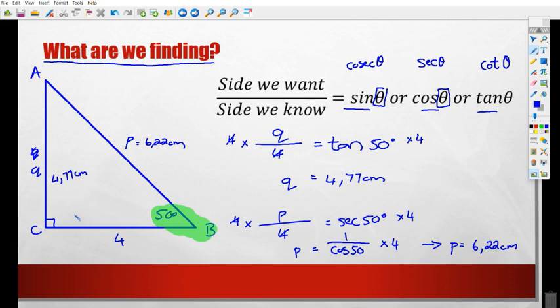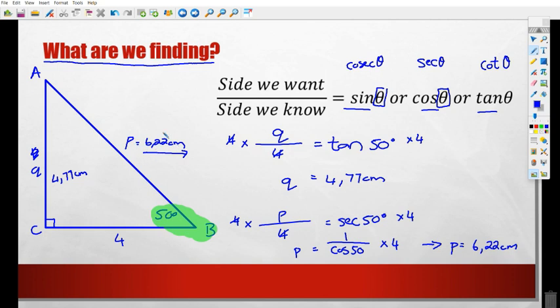Now let's look at these answers. I just want to know, does it make sense? Why does this have to be the biggest side? Why can't it be like 3 or something like that? Because it's the hypotenuse, and the hypotenuse is always the longest side of the triangle.